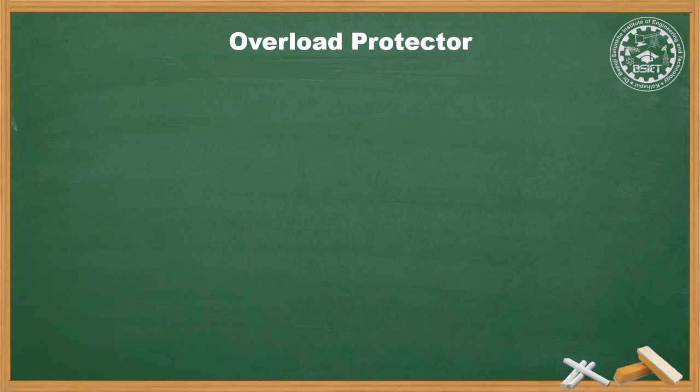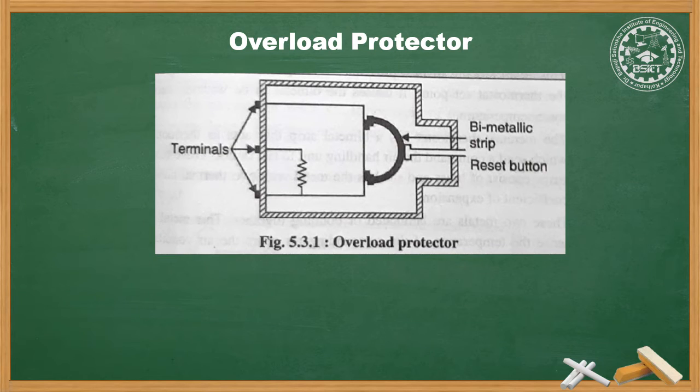A bimetallic disc type overload protector is shown in the figure. If current increases beyond the safe point, the temperature of the heating coil in the overload protector increases. This causes the thermally sensitive bimetallic strip to deflect. The spring action tries to open the circuit and stops the motor.